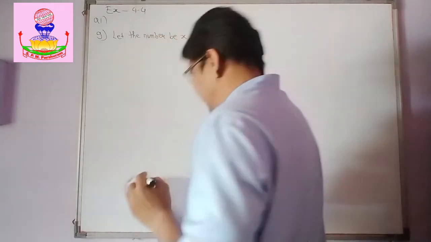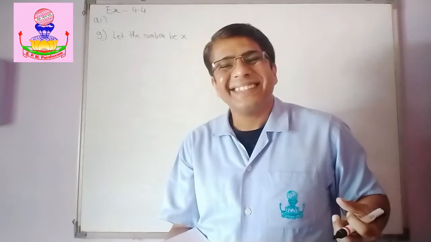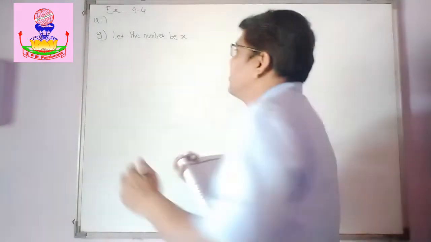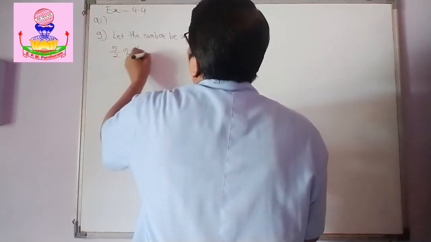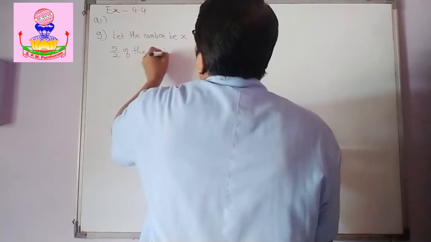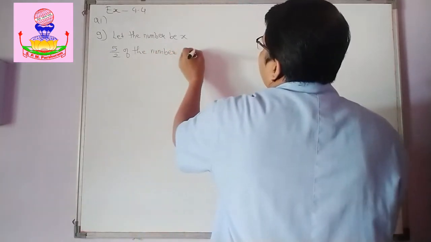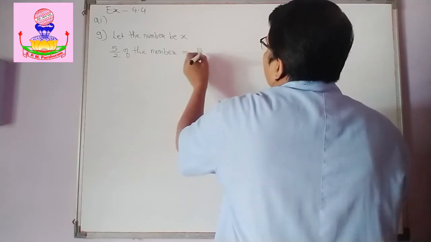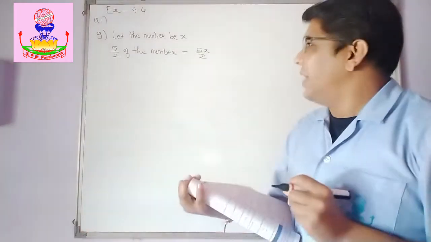Now, he takes away means subtract. 7 from what? From 5 upon 2 of the number. See how I am putting the statements in the form of expression. So 5 upon 2 of the number, that is 5 upon 2 into x, that is 5x upon 2. Okay.